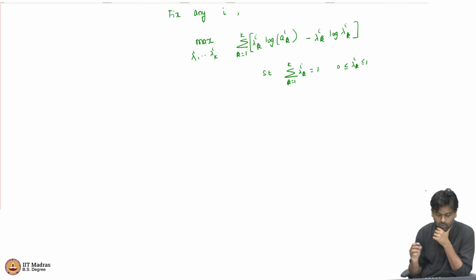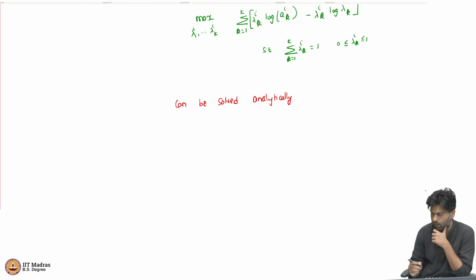So, you can still maximize this in closed form using the method of Lagrange multipliers, which can be solved analytically. When I say analytically, all I mean is that you can write down a formula for the answer.